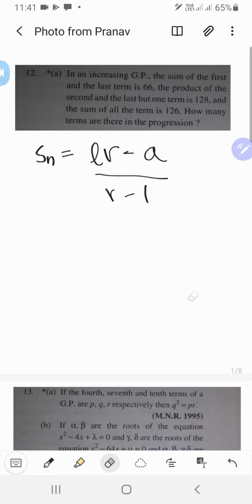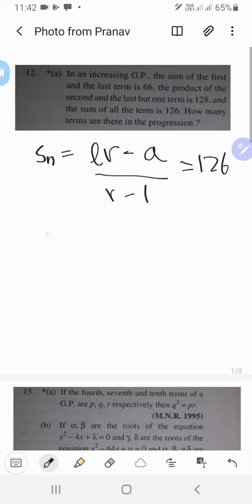So we are going to use this. We are given that the sum of all the terms is 126, and that the product of the second and last but one term is 128.